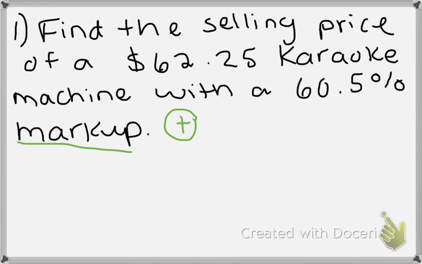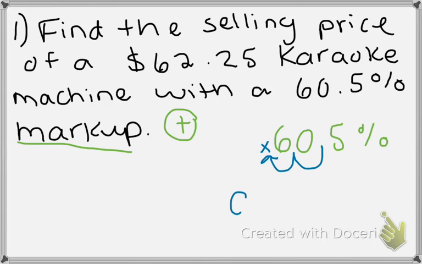So the first thing that we're going to do, which we did with the sales tax and the tip, is change that percent to a decimal. So when we do that, we move the decimal point 2 spaces to the left. So it goes 1, 2. Right? So now we have 0.605.